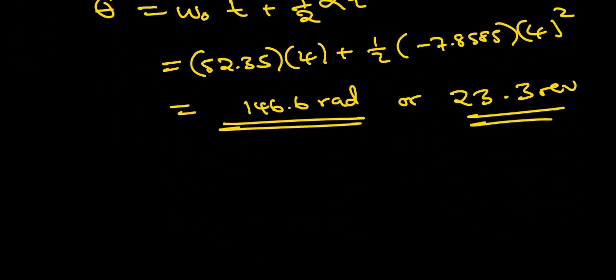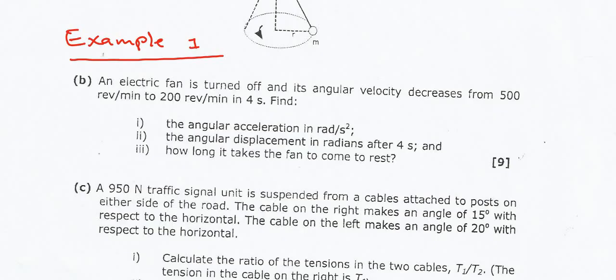Then the last one, they wanted us to get the time it takes for it to come to rest. They're asking how long it takes the fan to come to rest. The acceleration is still going to be the same over this period of time.